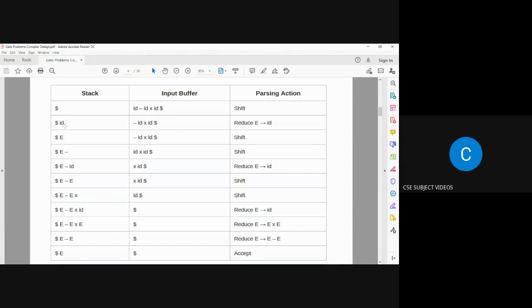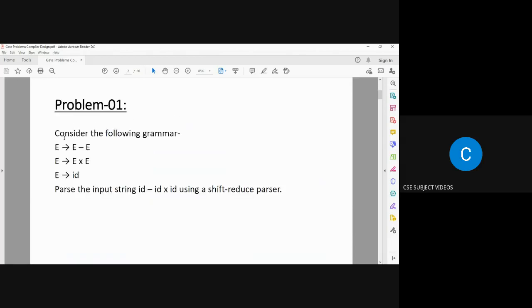Now instead of id we will replace it with E, because in this grammar E derives id. E tends to E minus E, E tends to E into E, E tends to id.